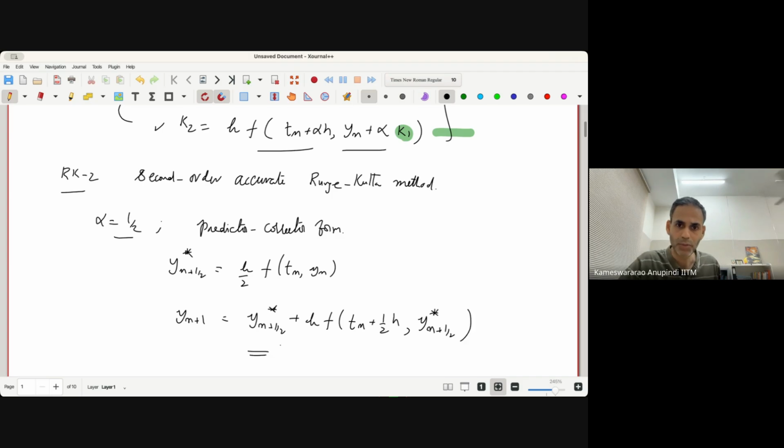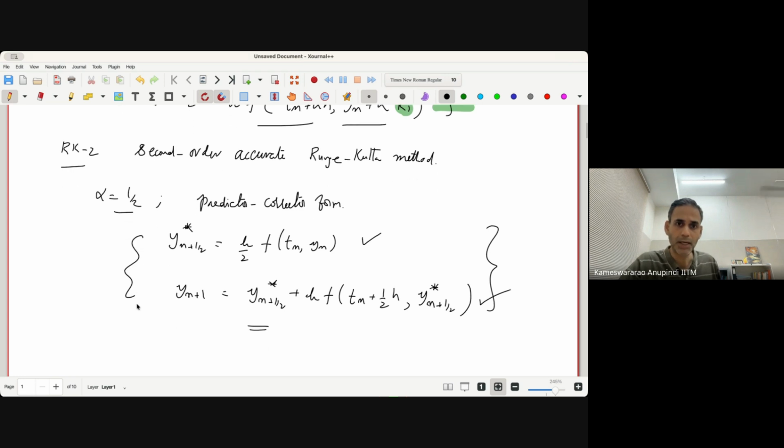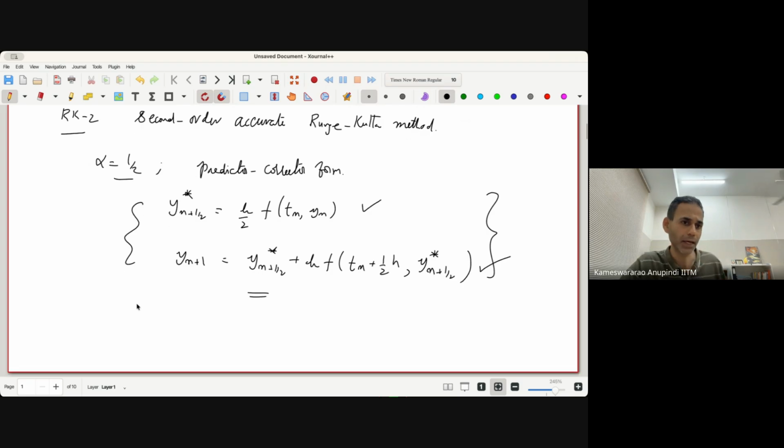So we first calculate yn plus 1 half star, and then with that value we again evaluate the function and calculate yn plus 1. So that is the RK2 method.